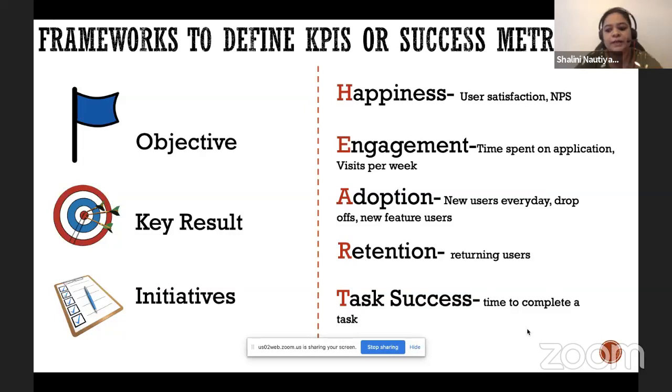And then, basis that, I define and decide on what initiatives I will do. I'll, for example, also help my customers onboard in less than a few minutes and things like those. And similarly, we have the HEART framework, which is another way of defining what KPIs you want to use for measuring success.